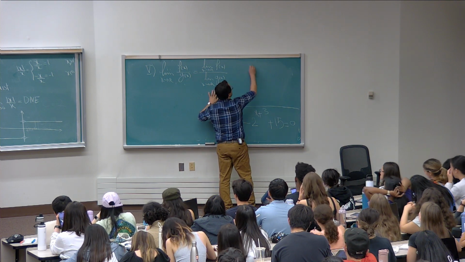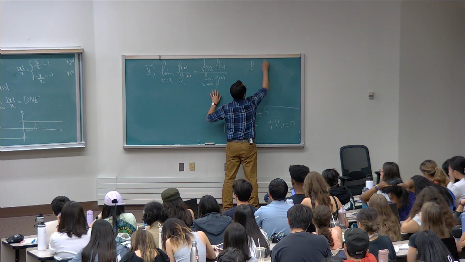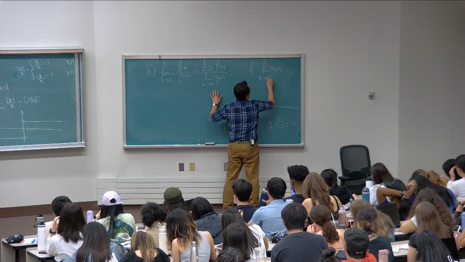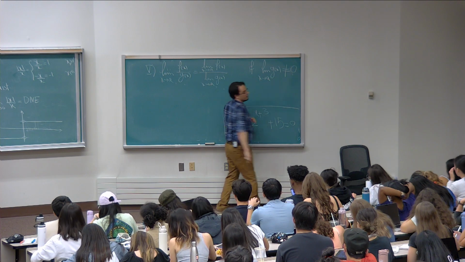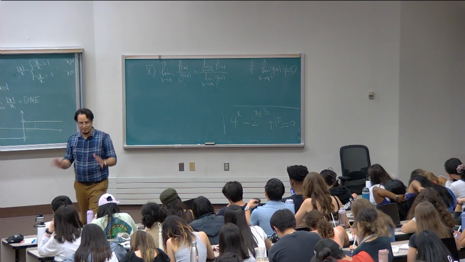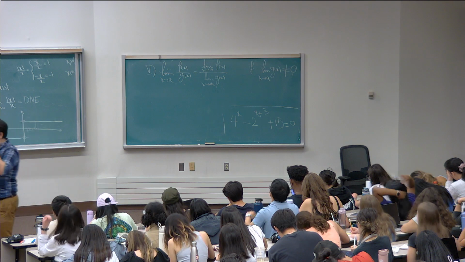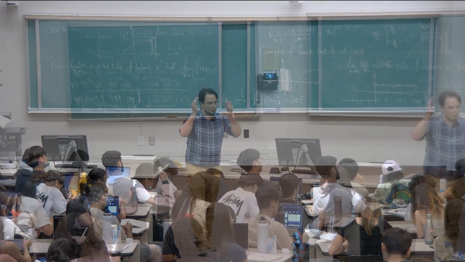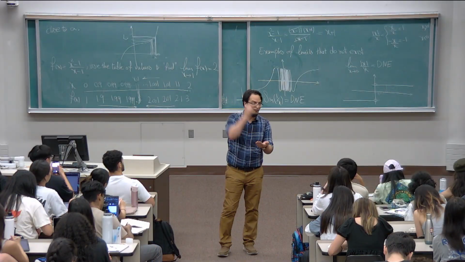This is only true when the limit of the denominator exists and is not equal to 0. Only then. And again, this is a very, very important point. We will get back to it. We will fight for it.